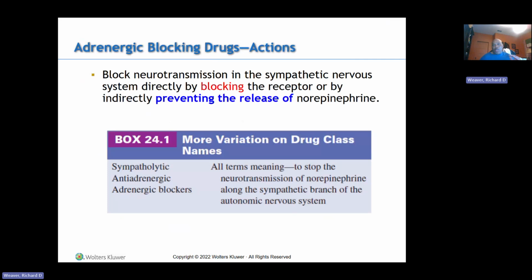And when these catecholamines engage or stimulate or occupy those receptors, it brings about the increase in heart rate in the case of the heart, that is.